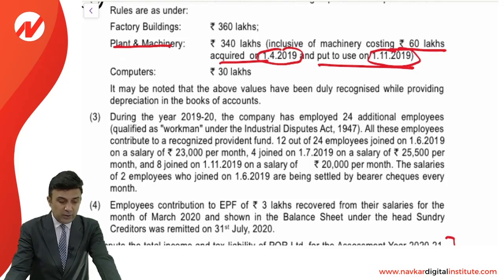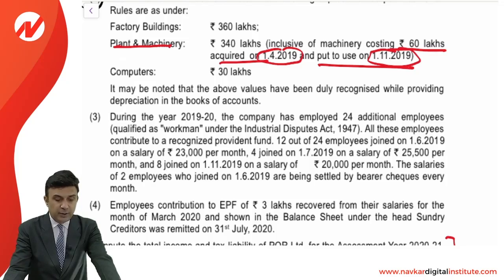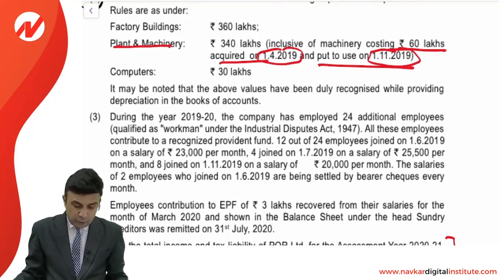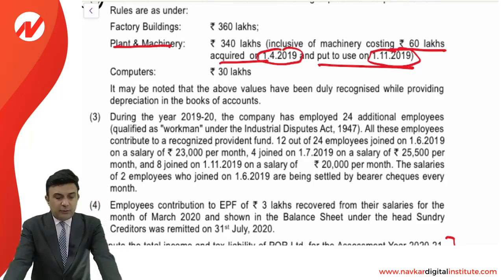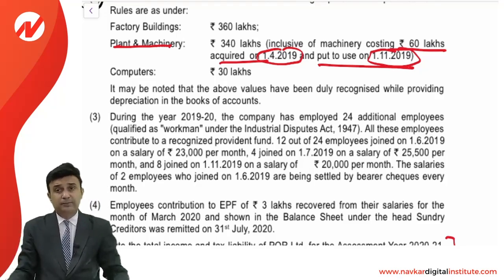All these employees contribute to a recognized provident fund. 12 out of 24 employees join on 1/6/19 on a salary of 23,000 per month. 4 join on 1/7/19 on a salary of 25,500 per month. 8 join on 1/11/19 on a salary of 20,000 per month, and salaries of 2 employees who join on 1/6/19 are being settled by bearer cheque every month.